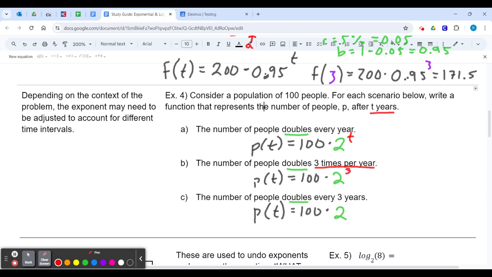So we are going 3t as our exponent. And lastly, if we're doubling every 3 years, that doubling is spread out over time, specifically 3 years. So I'm not doubling until I hit year 3. So we need to take that t and divide it by 3 in terms of our exponent.